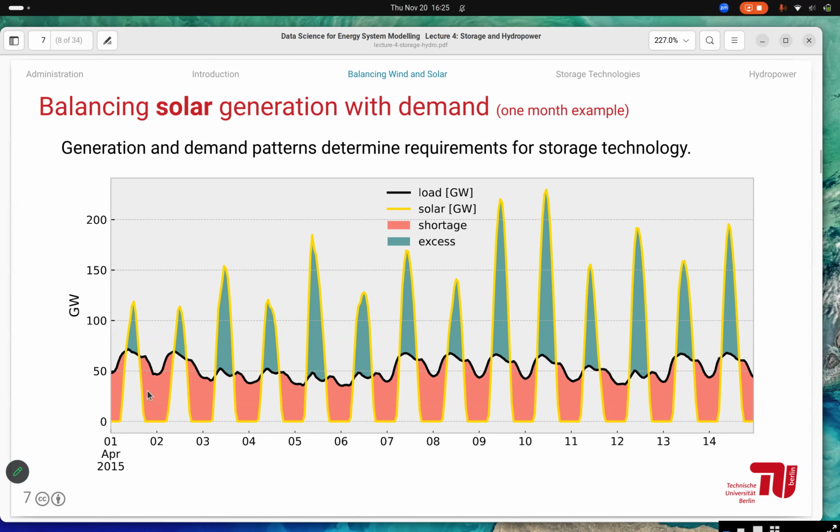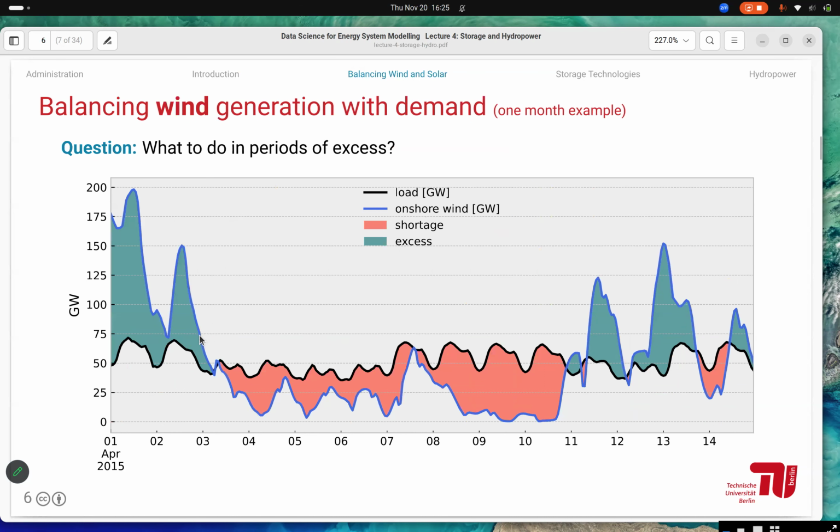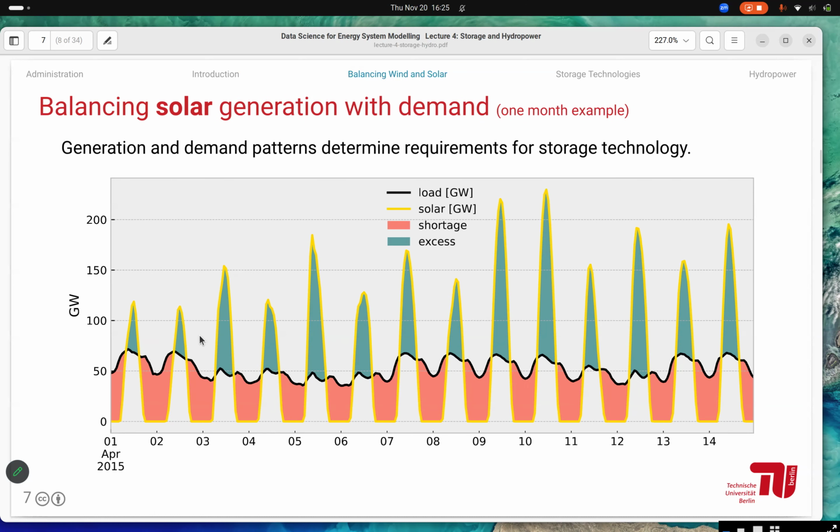But you have, again, periods of shortage and periods of excess, but the pattern looks much different than before. You have here this daily pattern that reflects the daily frequency of the solar generation. And before, we had this multi-week variability of the wind playing a big role.